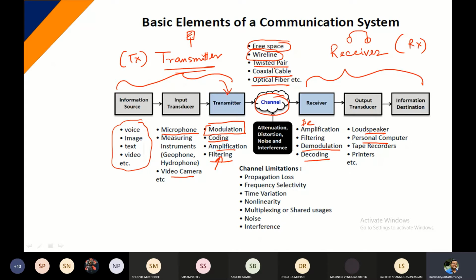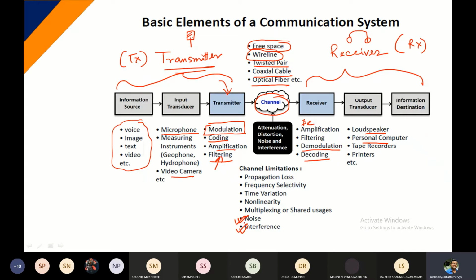But naturally, the channel is solely responsible for adding lots of error in the transmission. As you can observe here, it will add some kind of noise. It might add some interference. We will see that later, not needed now.